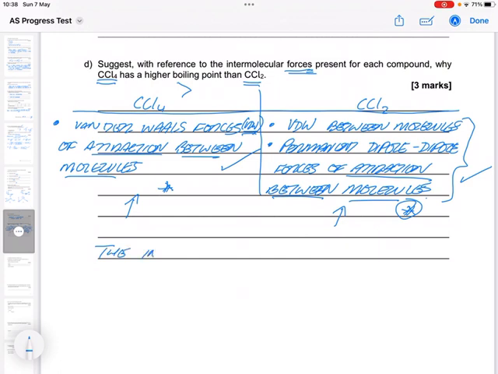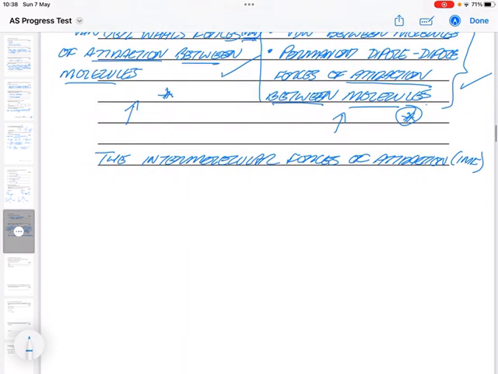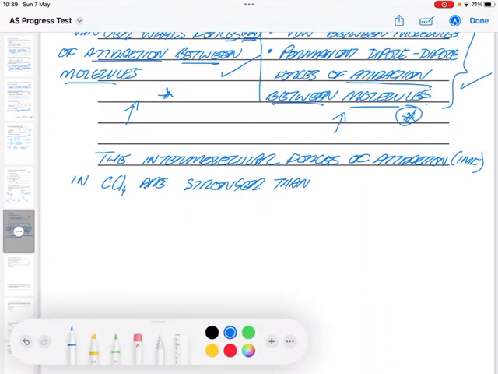So the intermolecular forces of attraction, so again, just to help me out later, I'm going to do that. In CCl4 are stronger. Let's get this right.